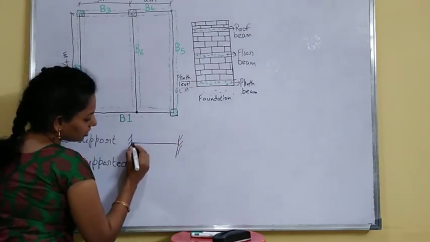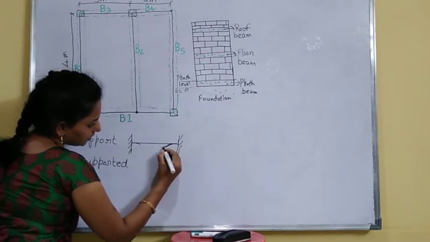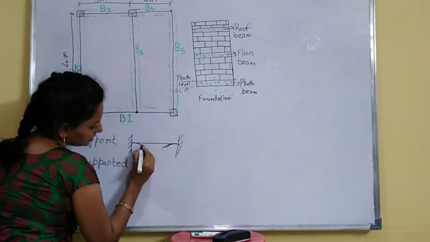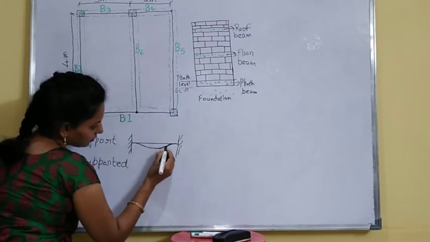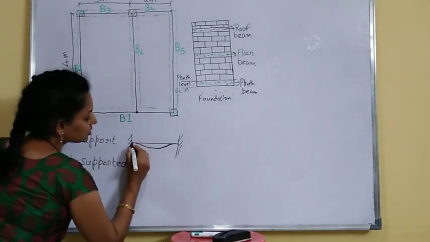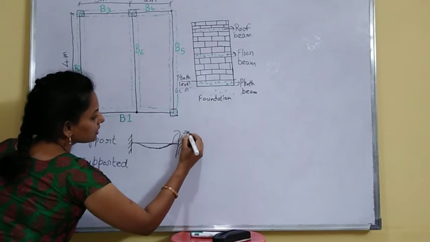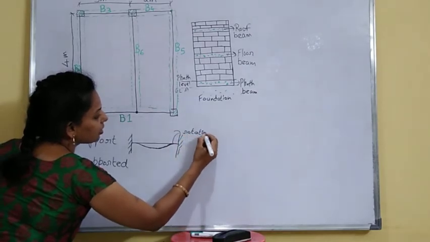So here the rotation will be 0. This theta will be 0 if the beam bends. So the beam bends at midspan. Okay. This is the elastic curve of the fixed support. Here theta is 0. Rotation is 0 at this point.